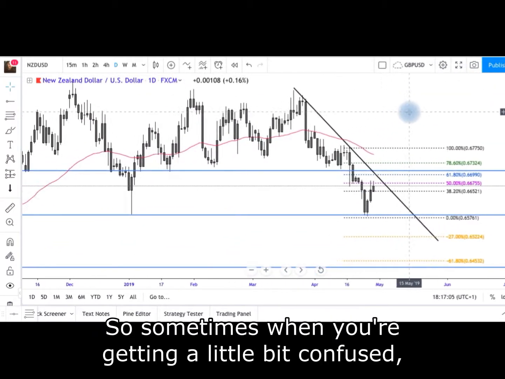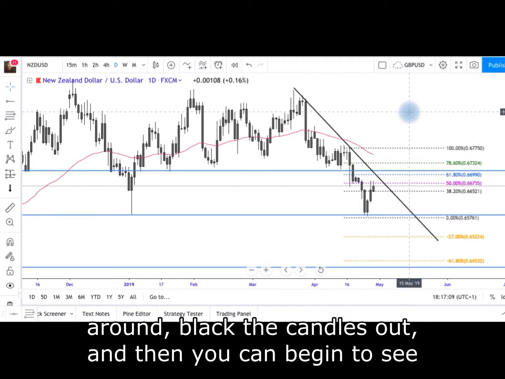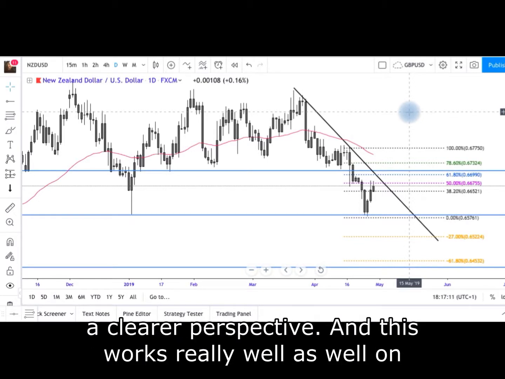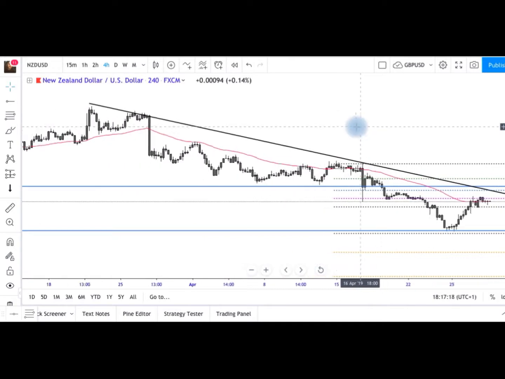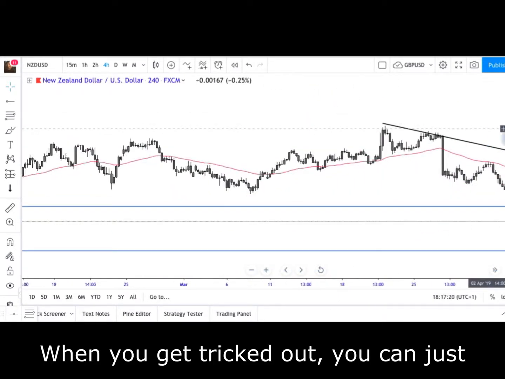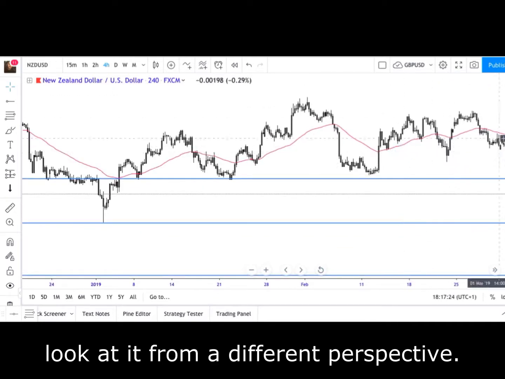So sometimes when you're getting a little bit confused and you're not really seeing what's going on, flip the chart around, black the candles out, and then you can begin to see a clearer perspective. Now this works really well on the smaller time frames too. When you're getting tricked out, you can just look at it from a different perspective.